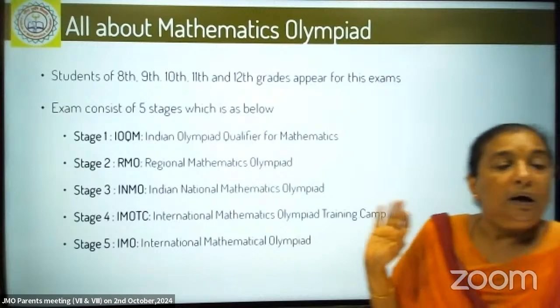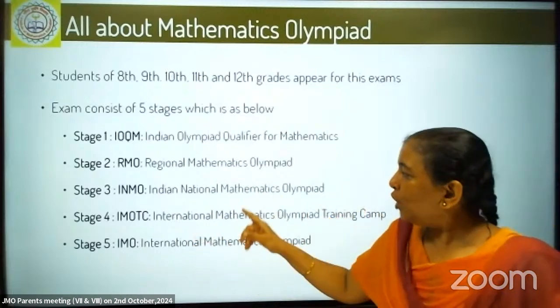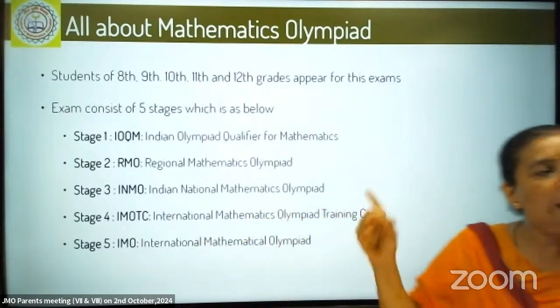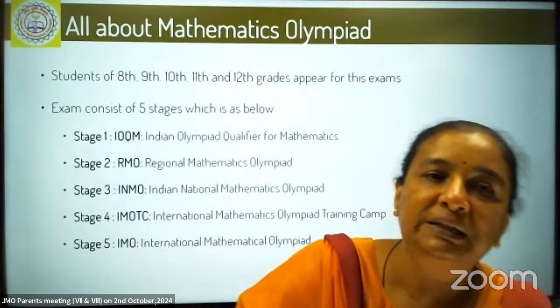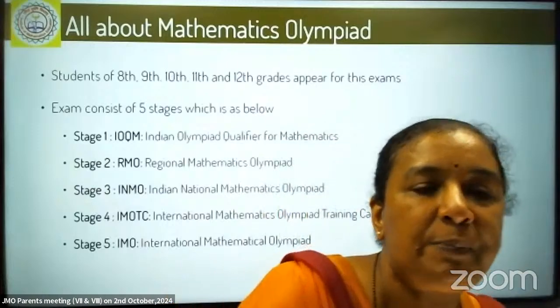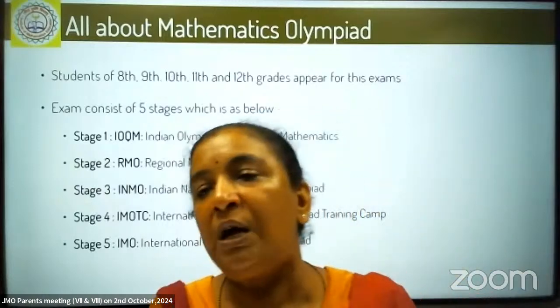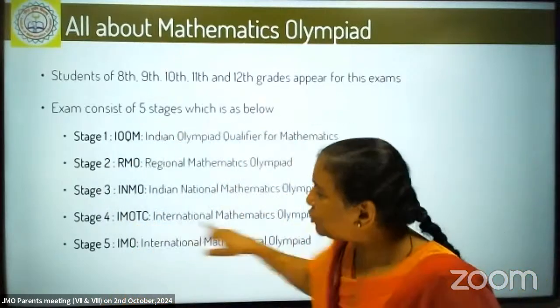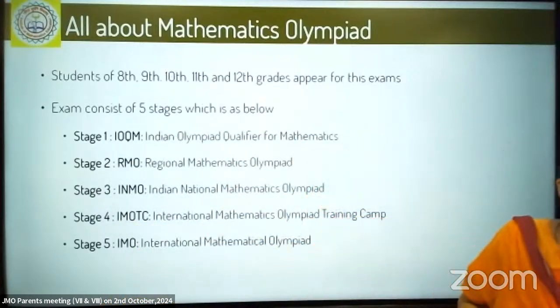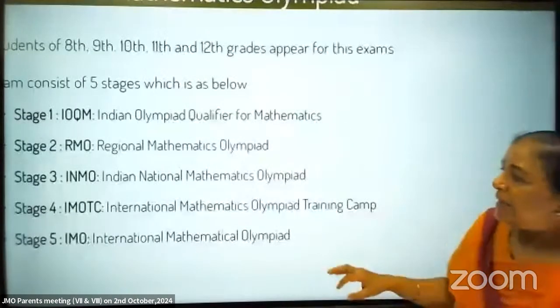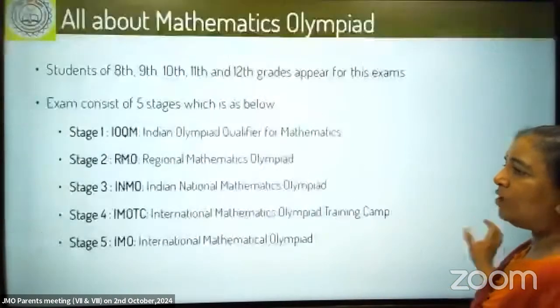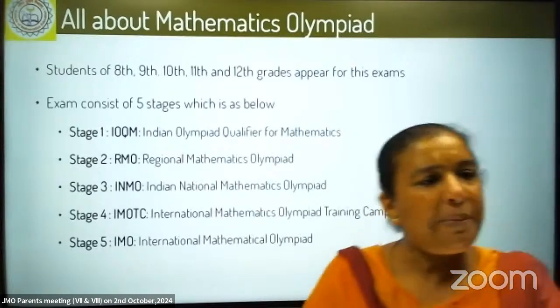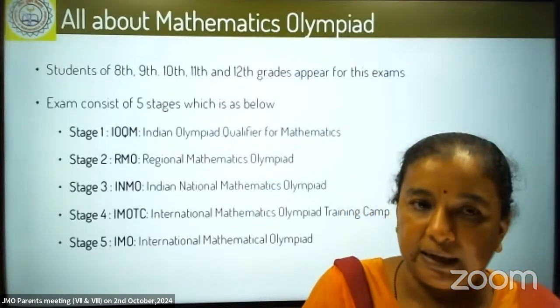This International Mathematics Olympiad Training Camp is conducted at the Homi Bhabha Center for Science Education, and all the TIFR scientists will be present there to train you for the international Olympiads. So only 40 students participate in this training camp. Then there is a 1 month long training, and after that a test is conducted.